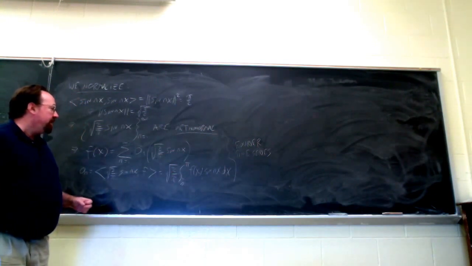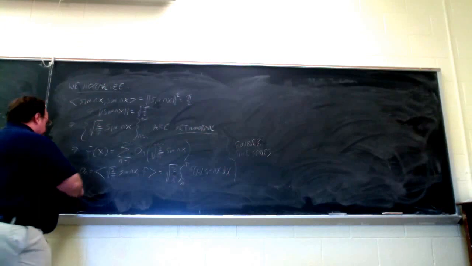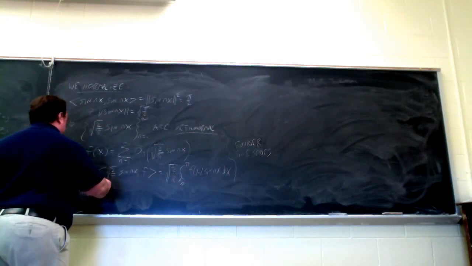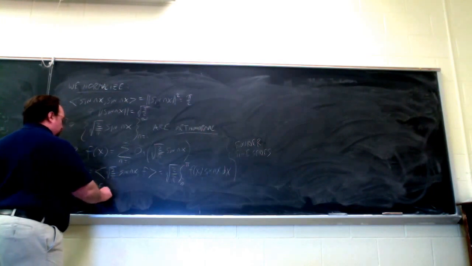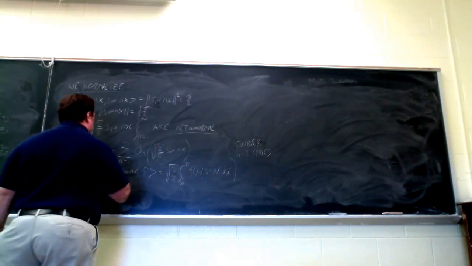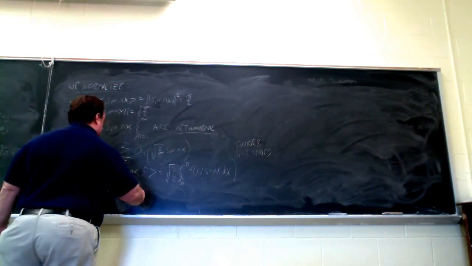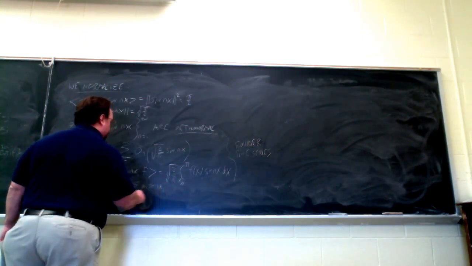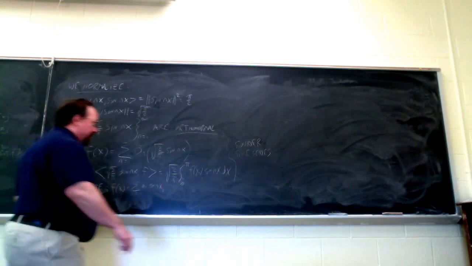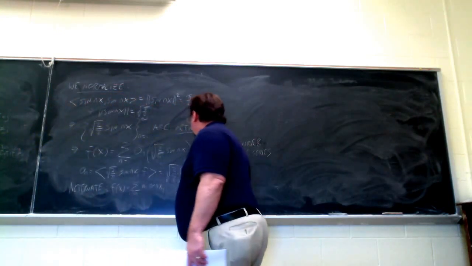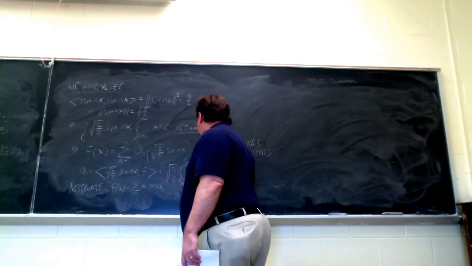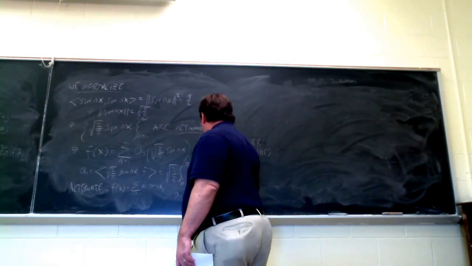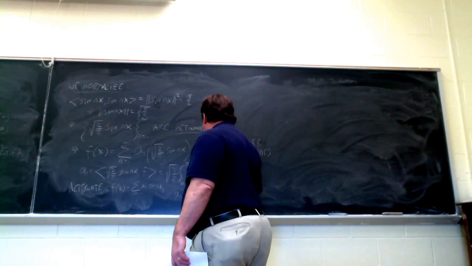So an alternate way to write it would be f of x is the sum of a_n sine nx with no scaling constant, and then a_n is 2 over pi times the integral from 0 to pi of the same integrand.